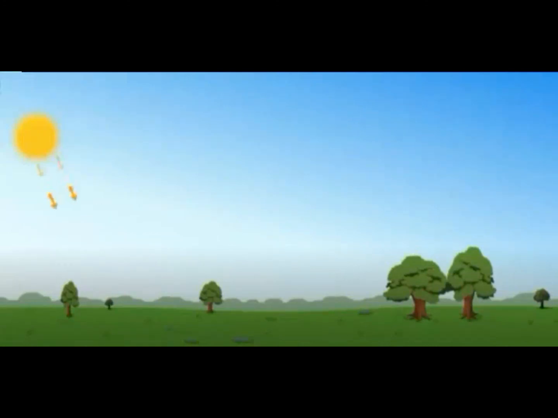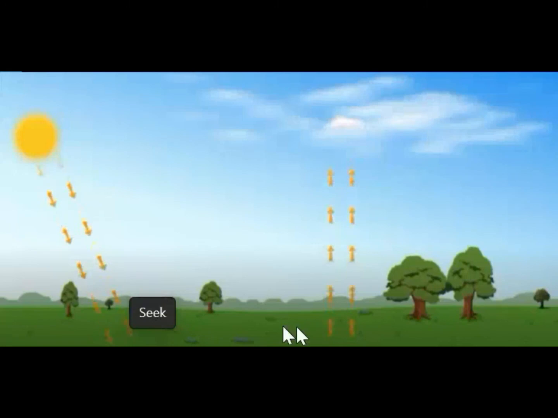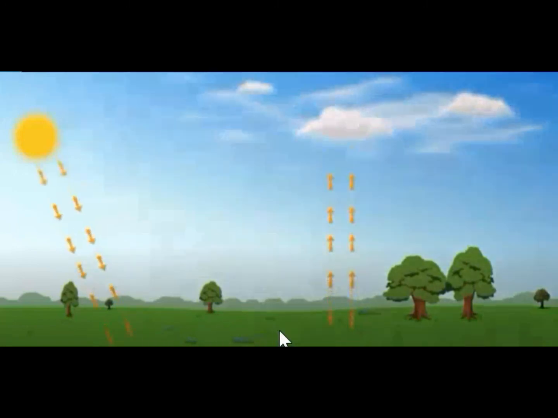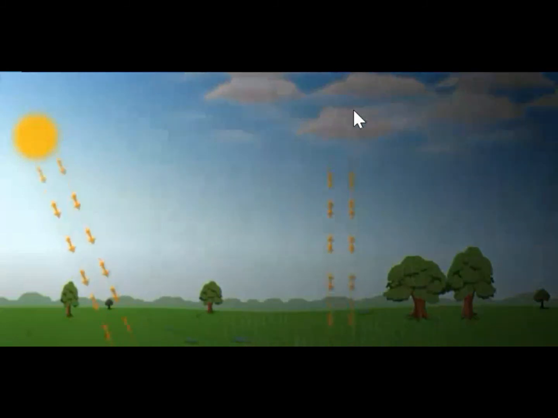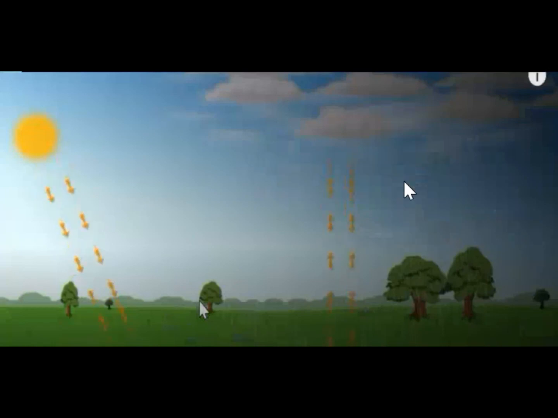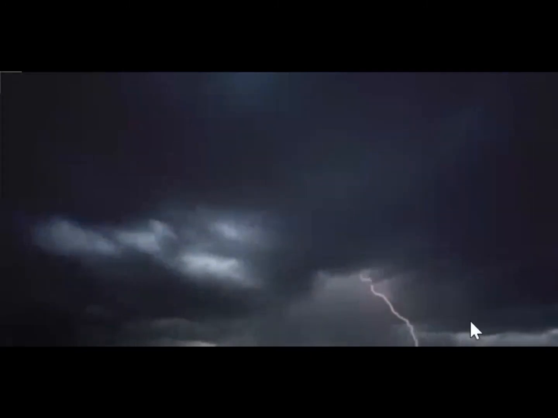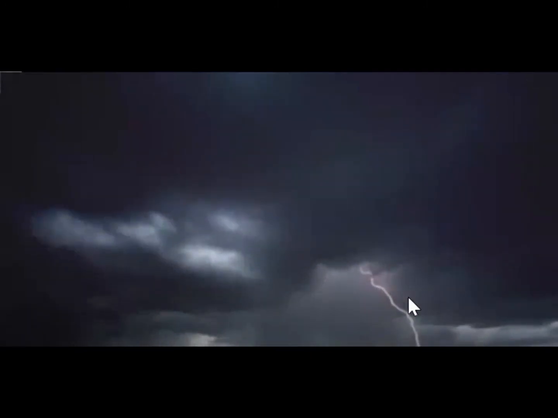In this case, by absorbing solar energy or solar radiation, the water on the land surface is evaporated, finally forming clouds and resulting in heavy rainfall with lightning and thunderstorms. It's always accompanied by lightning.